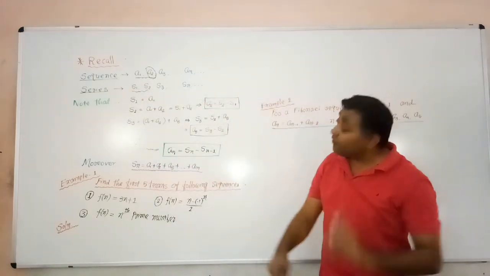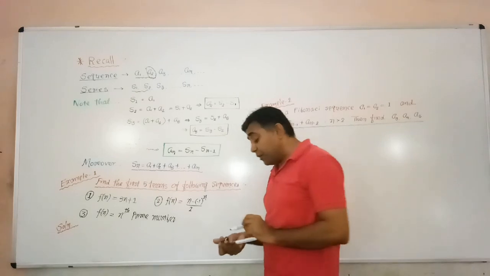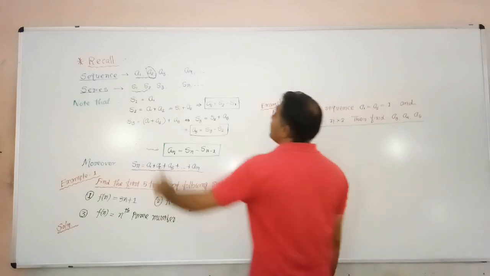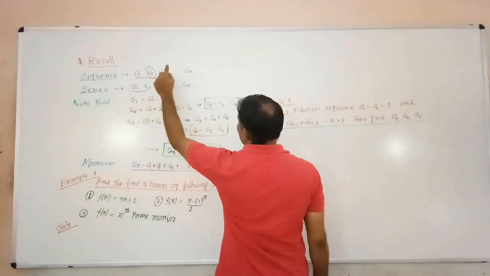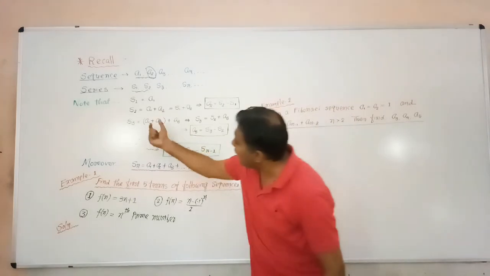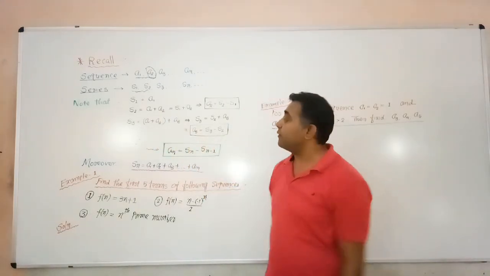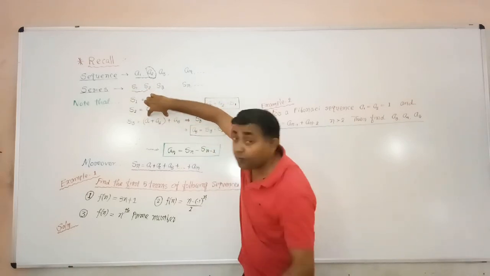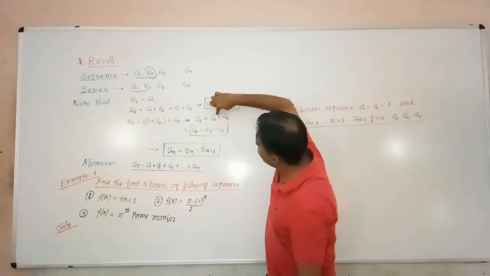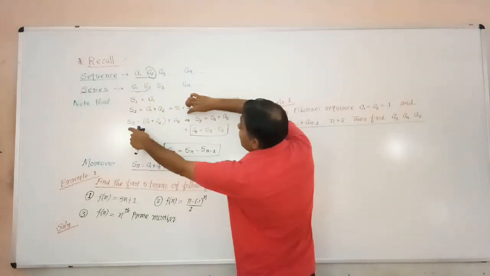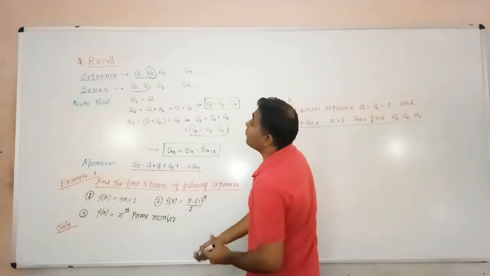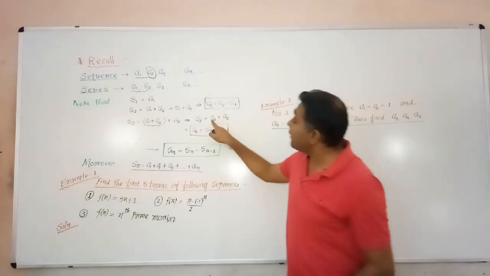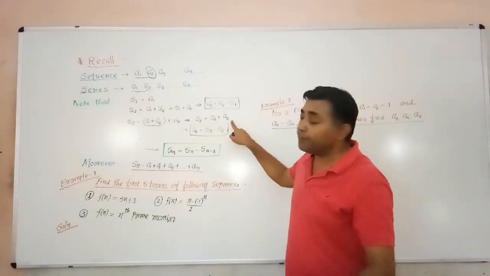Similarly, S3 means the sum of the first three terms of the sequence, which is A1 plus A2 plus A3. Now A1 plus A2 is S2, so in place of A1 plus A2 we may write S2. So S3 is S2 plus A3.